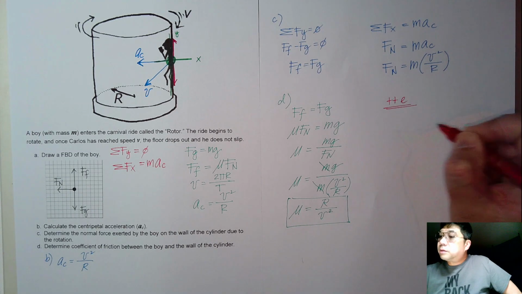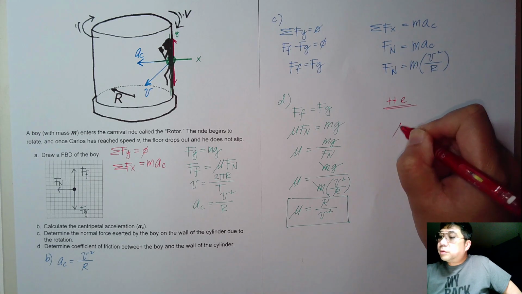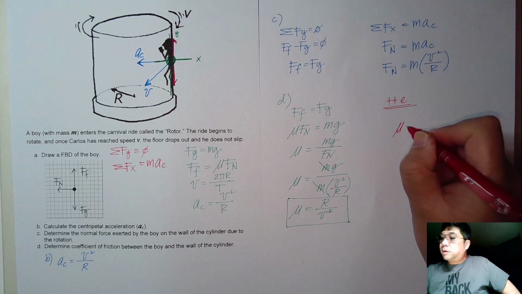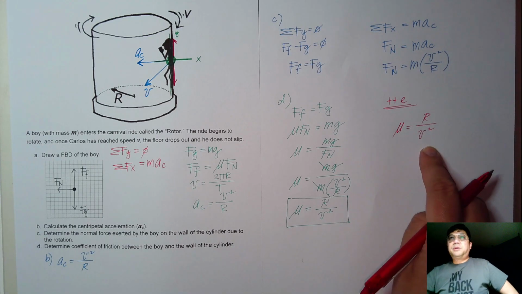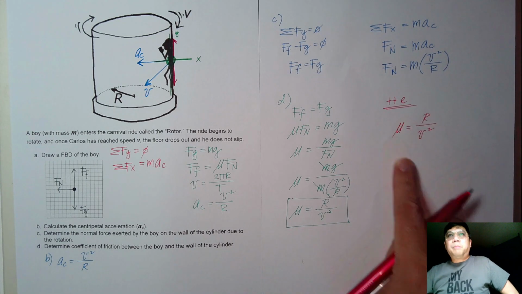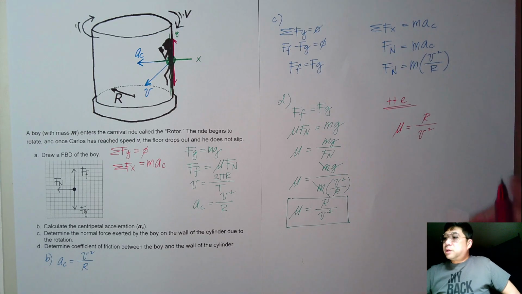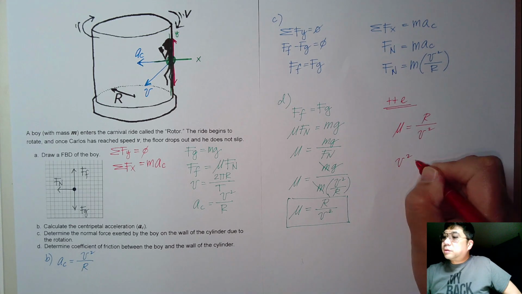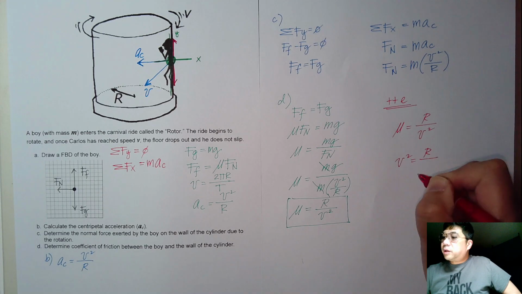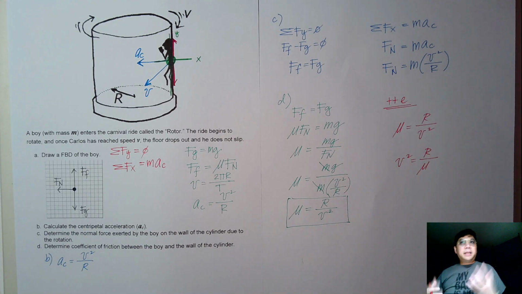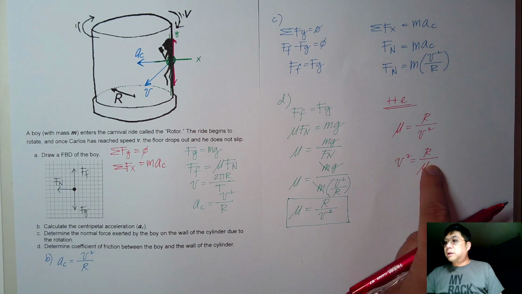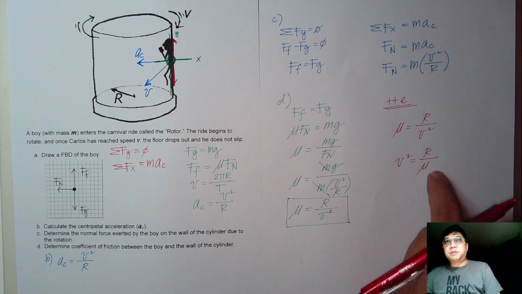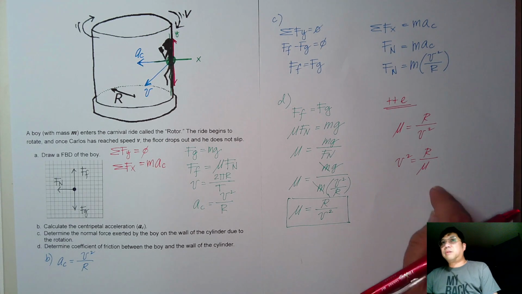which is mu equals gr over v squared. So all we have to do is replace or manipulate the equation. So now we have v squared equals gr divided by the coefficient of friction. So again, how rough your coefficient of friction is will prevent you from falling.